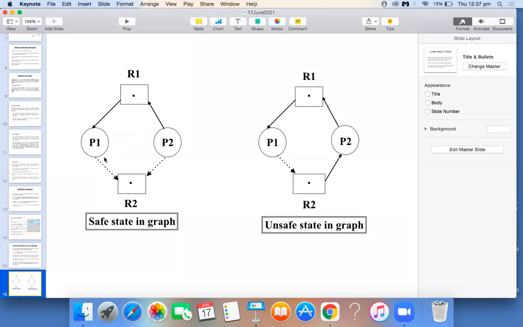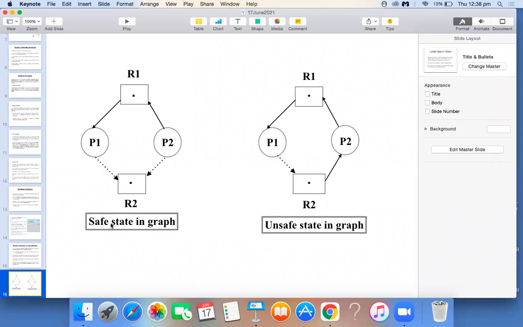Request edge. Now what edge is it? Claim edge, correct. Claim edge means what? In future the process P1 will request the resource R2. That's what we call a claim edge.